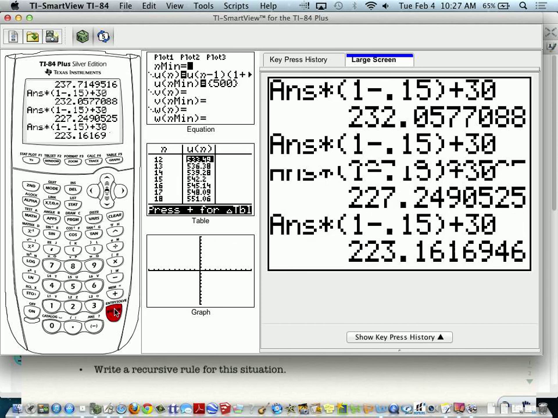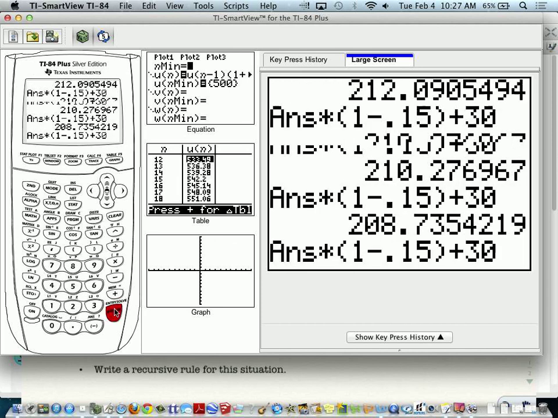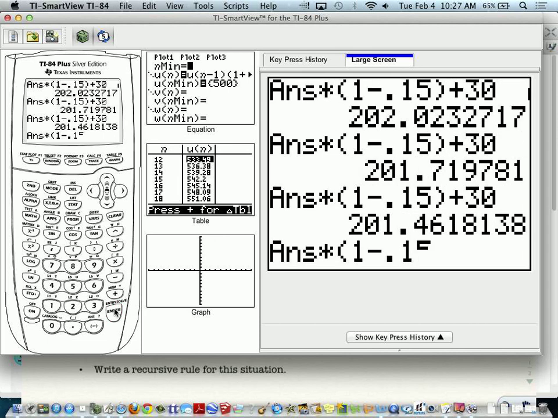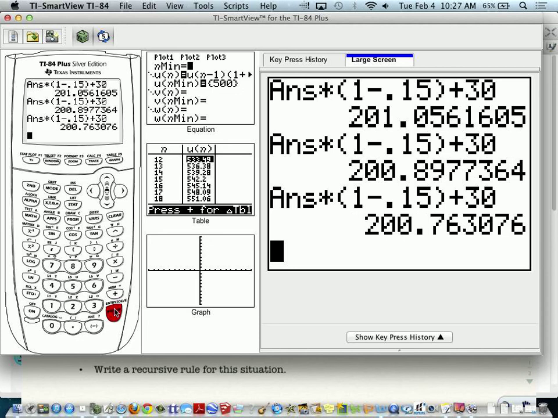You just keep hitting enter, as fast as the calculator will go. And eventually you start to notice that 201, 201, 200, 200, 200.